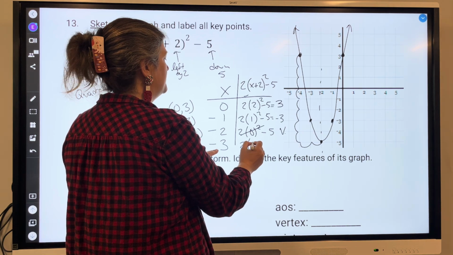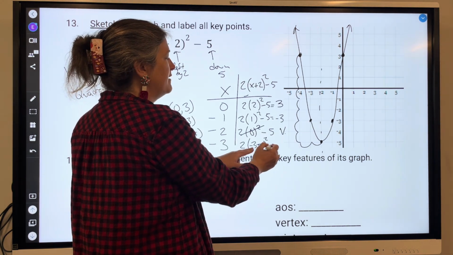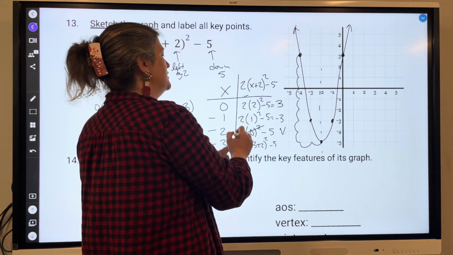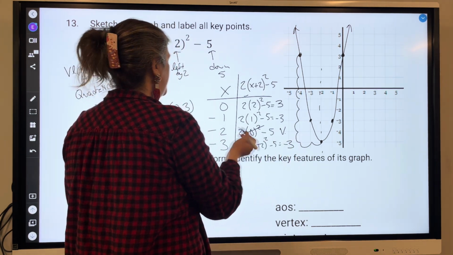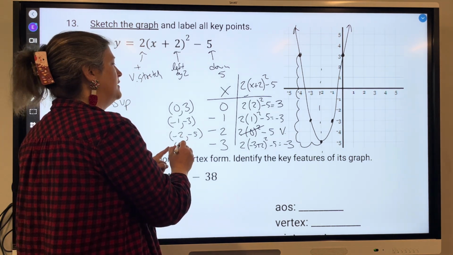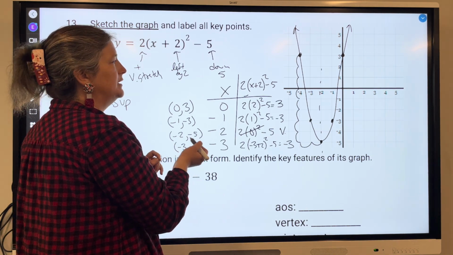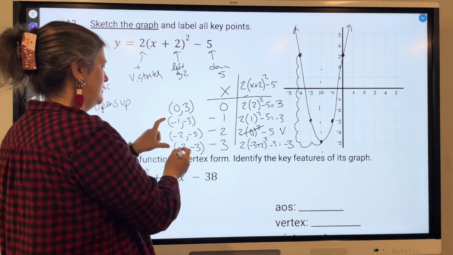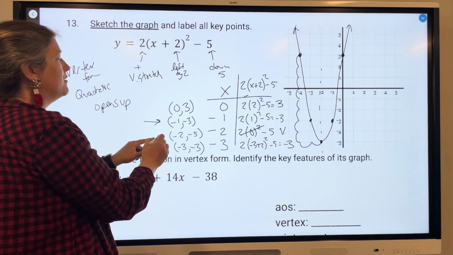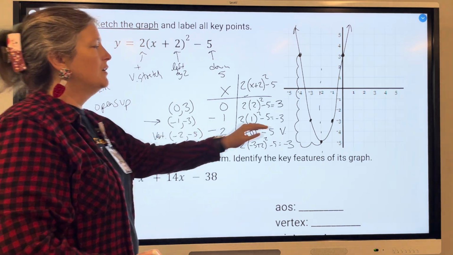So 2 times -3 plus 2 is -1, and -1 squared is +1. So 2 minus 5 is -3. So now I have that mirrored point of -3, -3. And I can see that I've started to come back up again. These bounced off of my vertex that was right here. That is my lowest point.